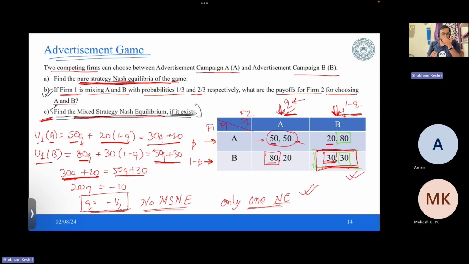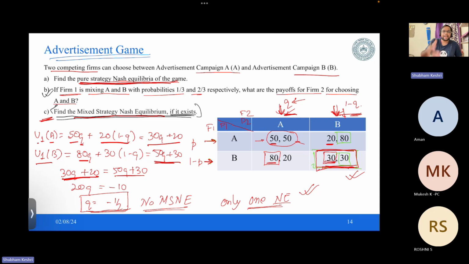In the previous problems, there were multiple Nash equilibria, and the utilities were such that when a player is playing mixed strategies, one of the utilities becomes higher than the other. That is how the probability is coming.